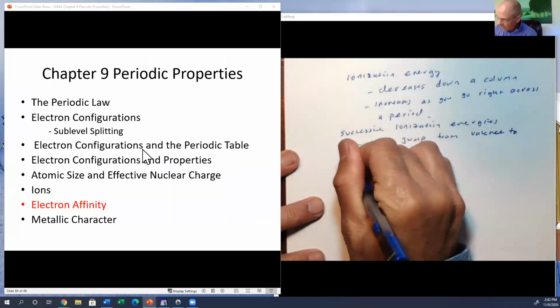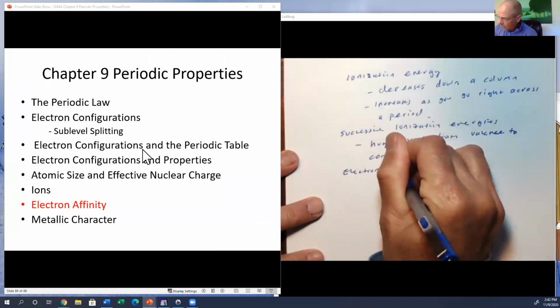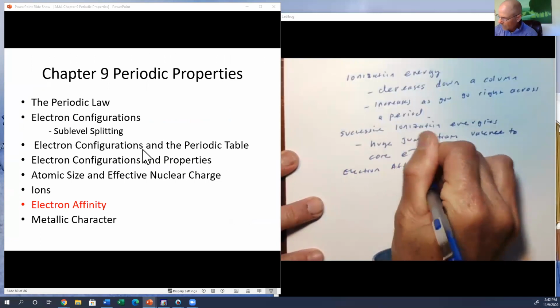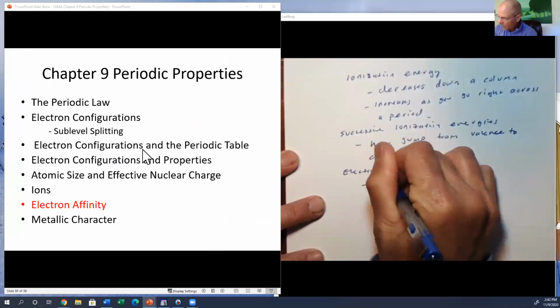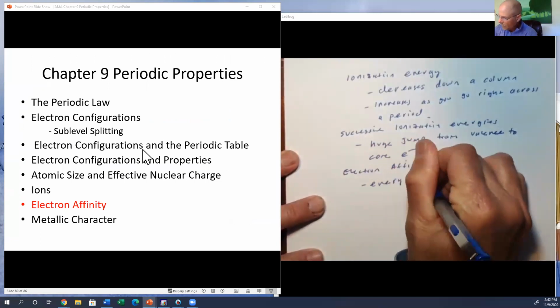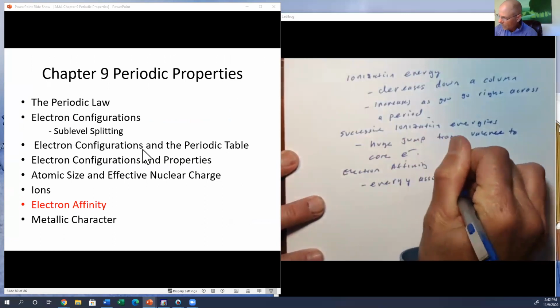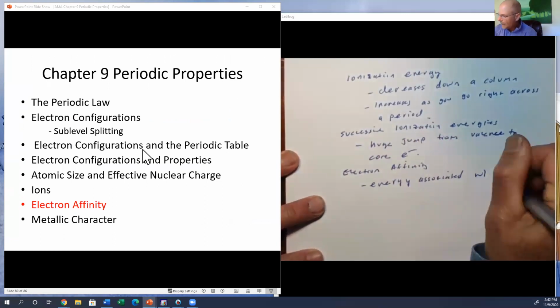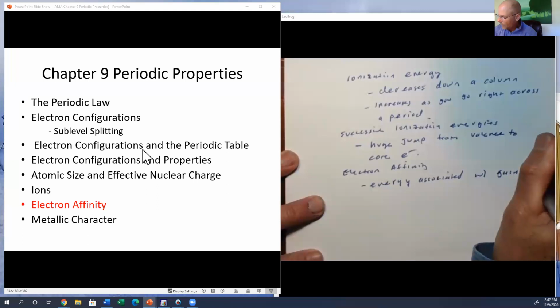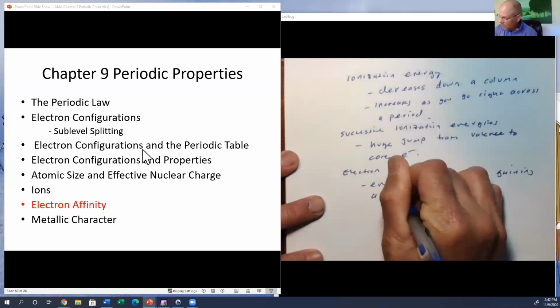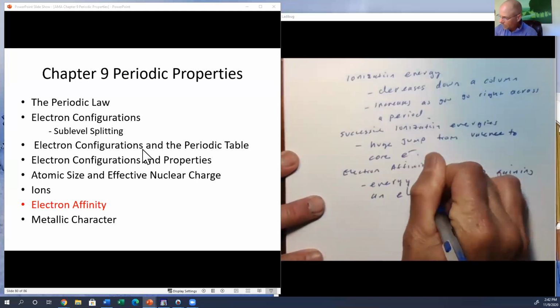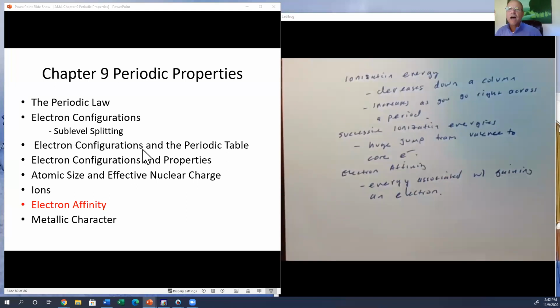Electron affinity is the energy associated with gaining an electron. So it's kind of the opposite of ionization energy.